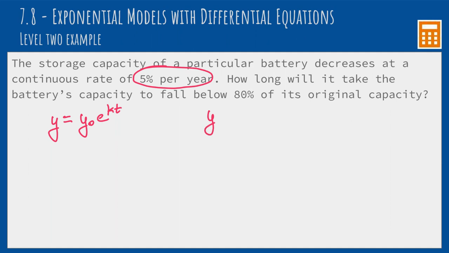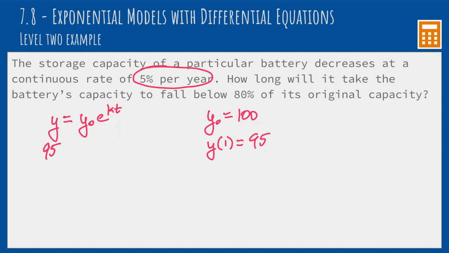So one thing we know is that the initial capacity hopefully is going to be 100%. But we also know that the capacity after 1 year is going to be 95% because it's decreasing at 5% per year. So I'm going to use this right here to solve for k.